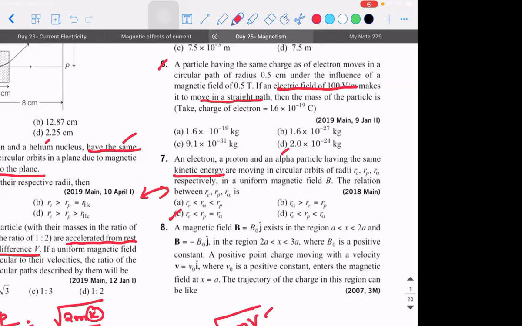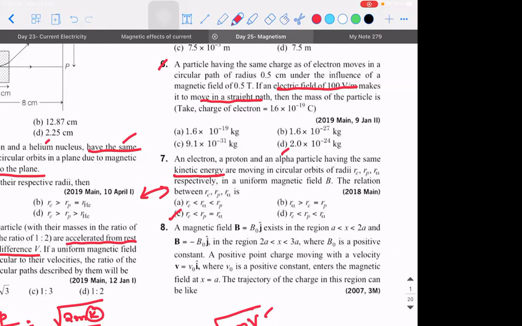So what are the steps to be followed? Sir, first v is equal to E by B, then substitute the radius formula. Find V is equal to E by B, the electric field by the magnetic field, then substitute it in the radius formula, you will get the answer.